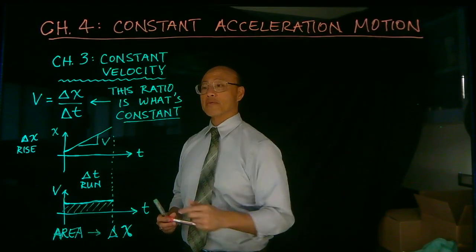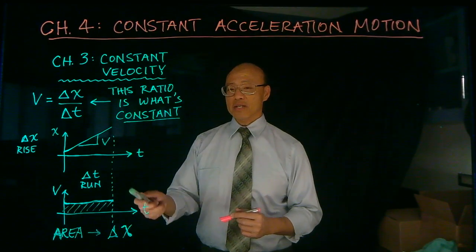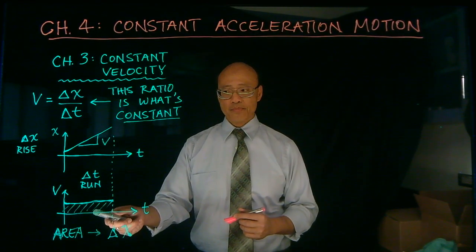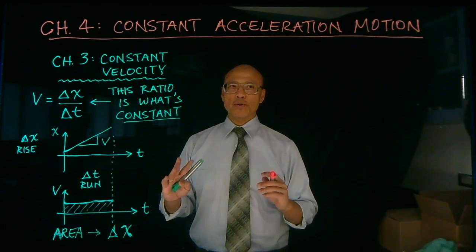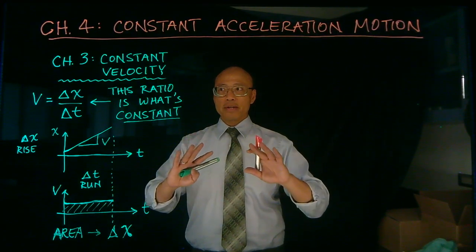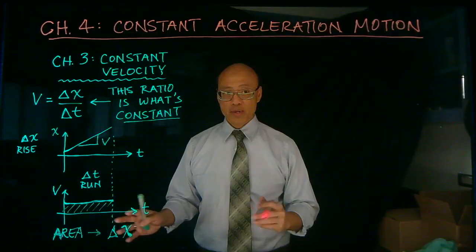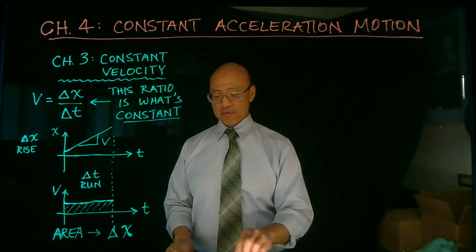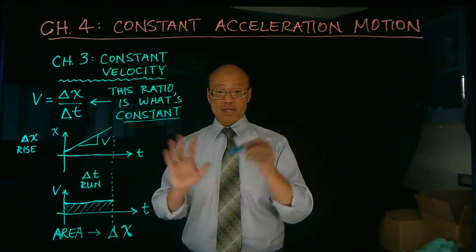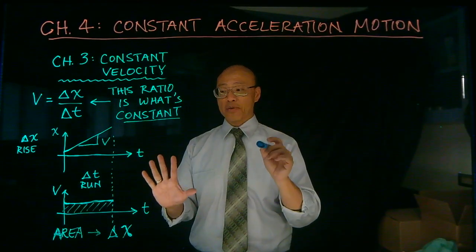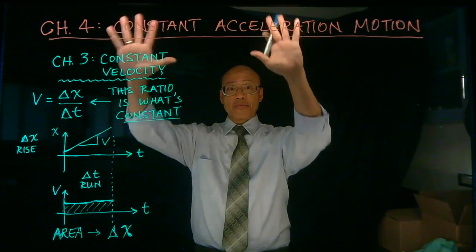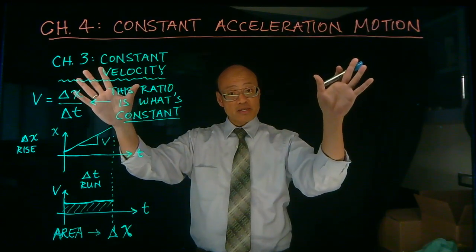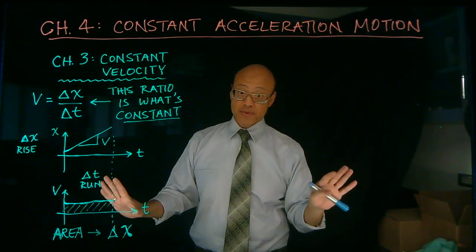We're no longer going to require constant velocity, but we're also not going to try to model any kind of crazy velocity. This is one way to really wrap your head around what this world includes and what it doesn't exclude.